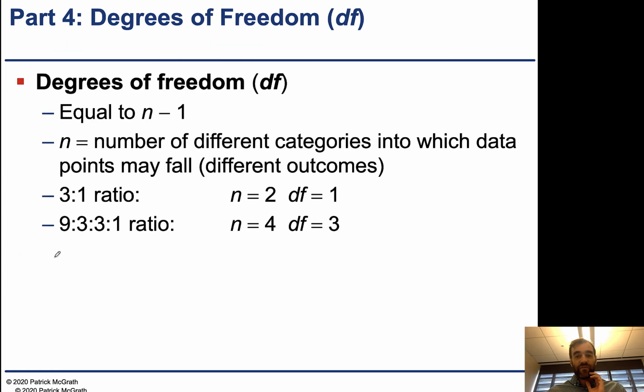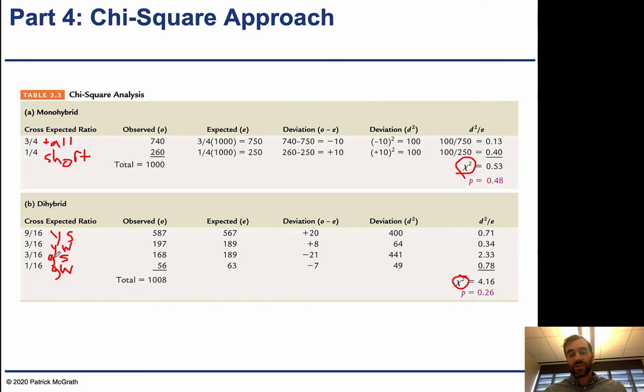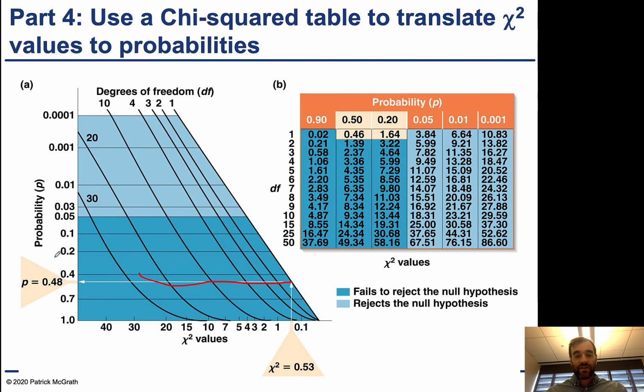So let's do this now for the second case, the dihybrid test. That's 4.16, which starts something like right here.